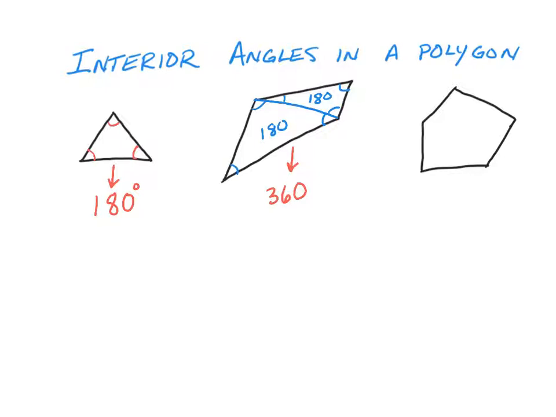So the way that we have to make sure we draw these is so that we're making all of the triangles sit on the outside, and the way you do that is to draw them from one vertex. So for example, I can do this.